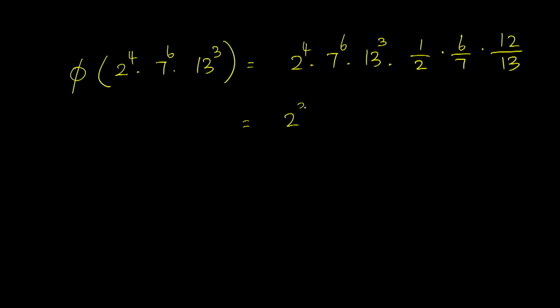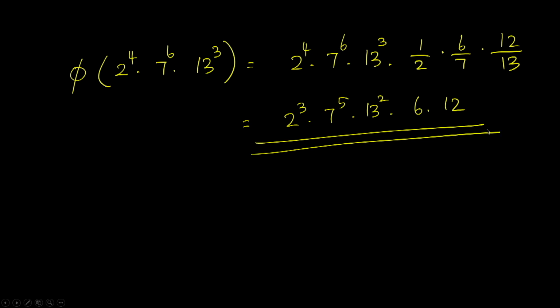That would be 2 power 3, 7 power 5, 13 power 2 multiplied by 6 and 12. So, this is the phi value of this number.